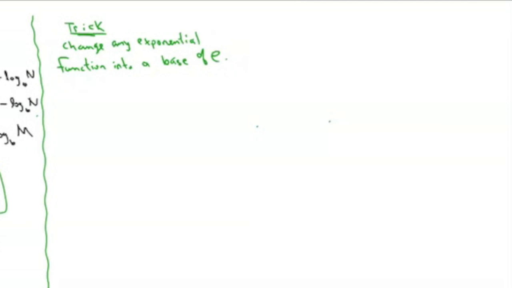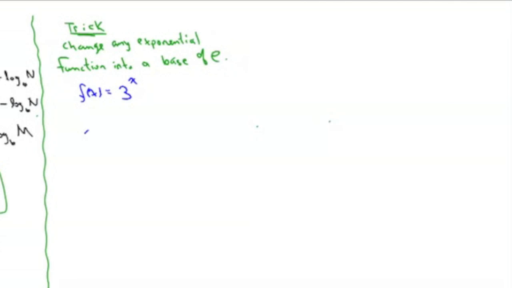So, for instance, if you have a function and it's 3 to the x, and you don't want to deal with the function of 3 to the x, you'd rather deal with the function e to something. Well, it's actually kind of easy to do.